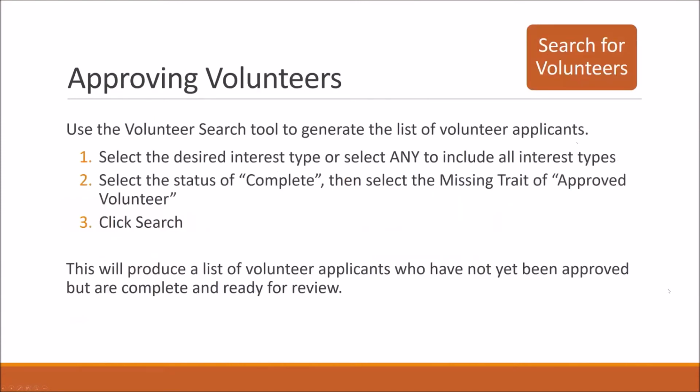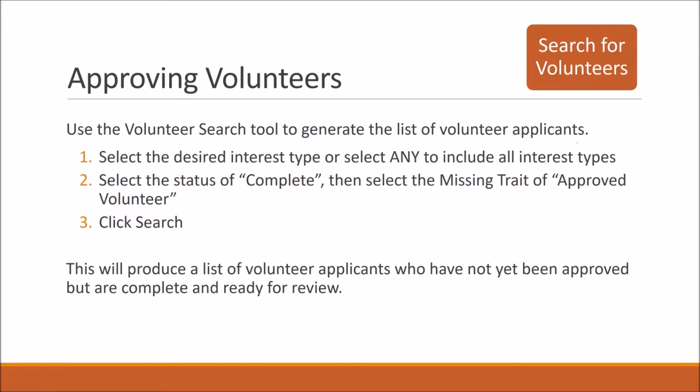Using the volunteer search menu, you're going to generate your list of volunteer applicants that need to be looked at, that are pending and awaiting approval. Like we talked about with searching, you're going to first select your interest type, or any, so you can include them all, depending on your process.